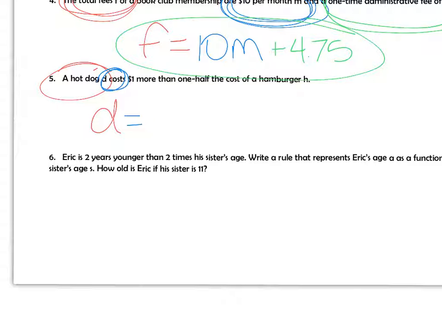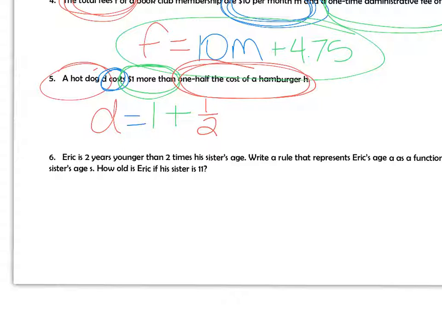So a hot dog costs $1 more than. $1 more than would be plus 1/2 the cost of a hamburger H. So 1/2 times H. So that would look like D equals 1 plus 1/2 H.